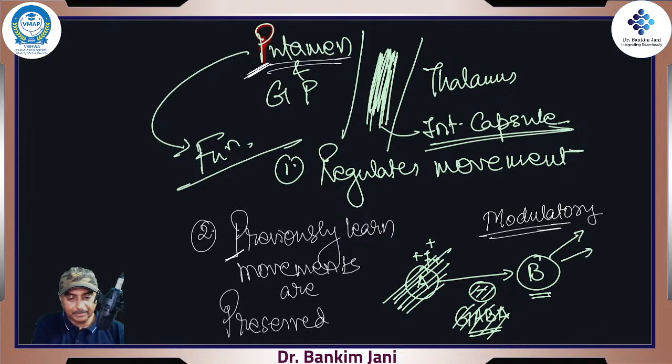For putamen, previously learnt movements are preserved. Movements means skills, right? So if anything is learnt, then it is preserved. That preservation work is by putamen, right?